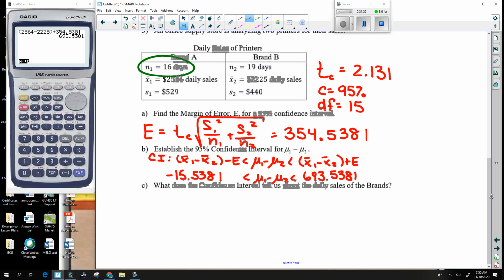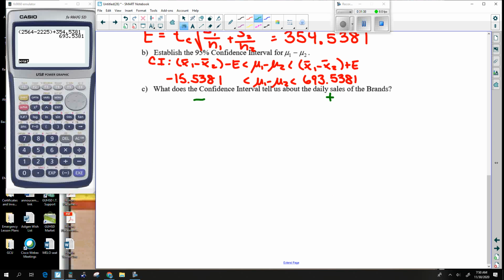Okay, so what I notice about this answer is this is a negative positive. So this is the question mark, and we're unable to prove the difference between. So this means mu1 minus mu2 is question mark to 0. I don't know if it's bigger than 0. I don't know if it's less than 0. So mu1 is question mark mu2.